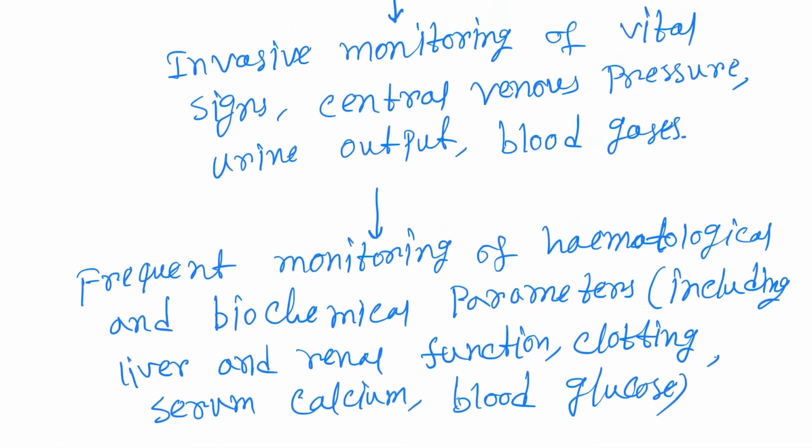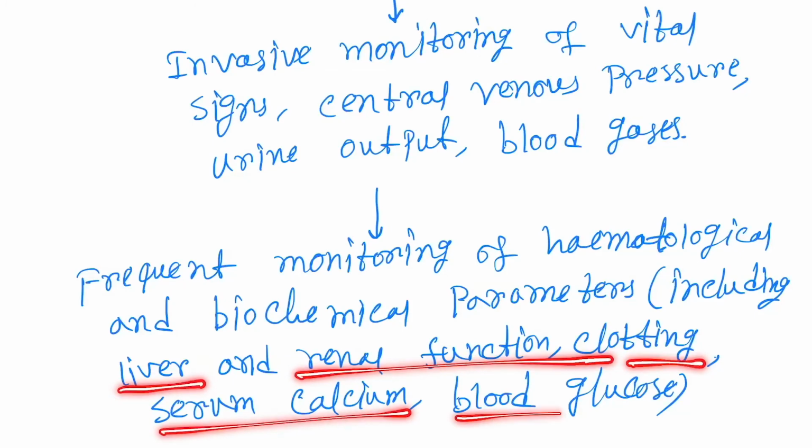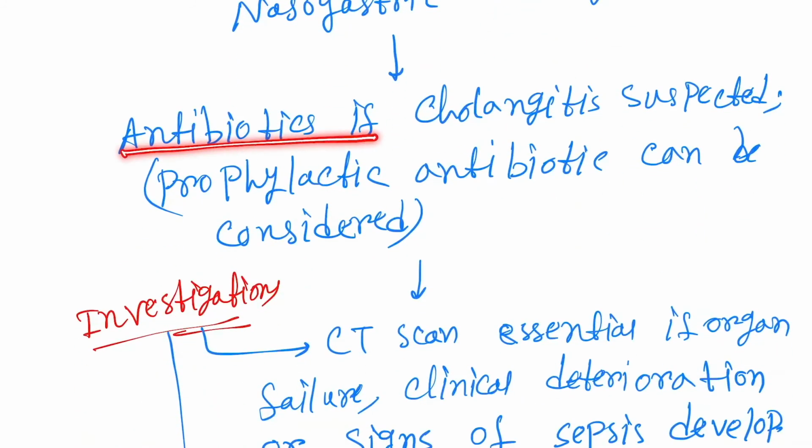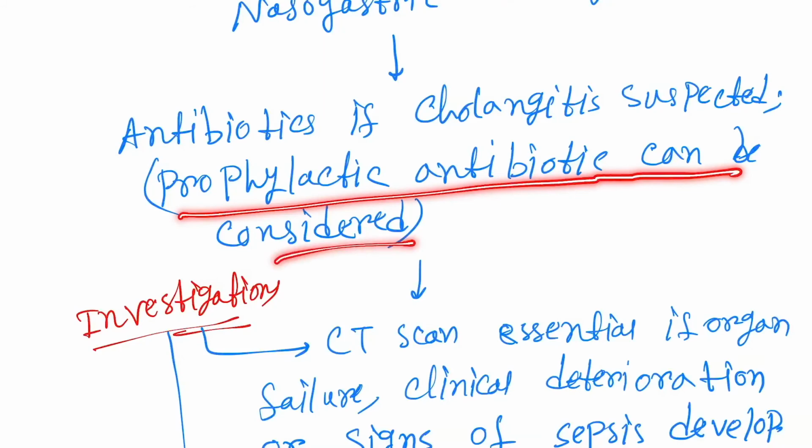Next, frequent monitoring of hematological and biochemical parameters including liver and renal function, clotting, serum calcium and blood glucose. Next, we have to do the nasogastric drainage. Next, antibiotics if cholangitis is suspected, prophylactic antibiotics can be considered.